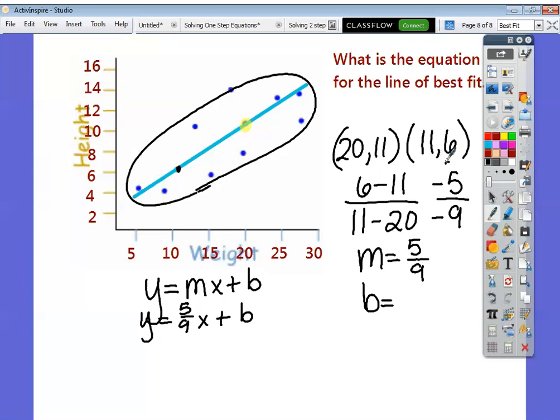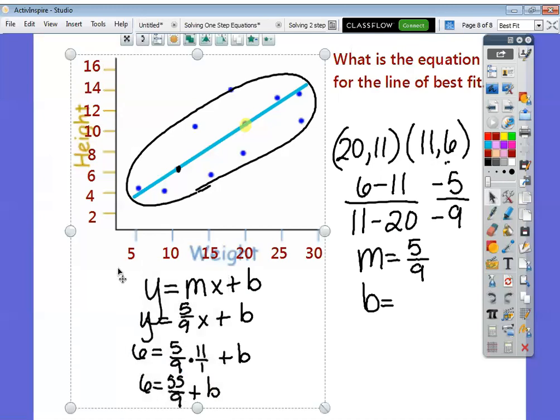That's not a super fun one, but I guess it doesn't matter. So my y is 6, 5/9 times my x, which is 11 over 1, plus b. Now we have to solve it. So this becomes 6 equals 55/9 plus b.